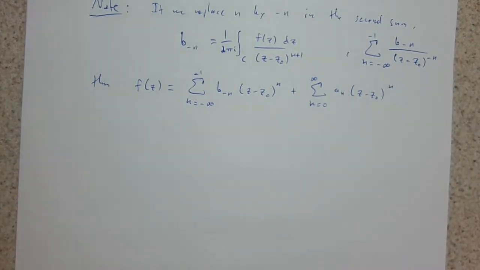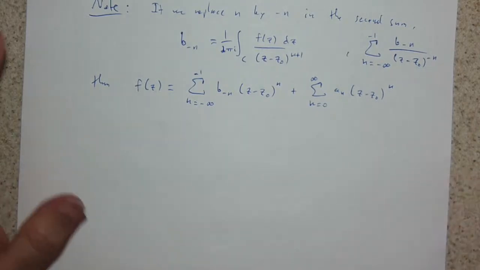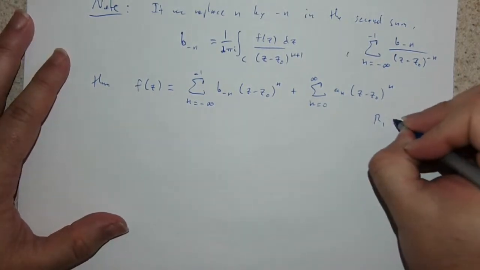And I don't have to change those because those are positive n's, for z in that annular region.